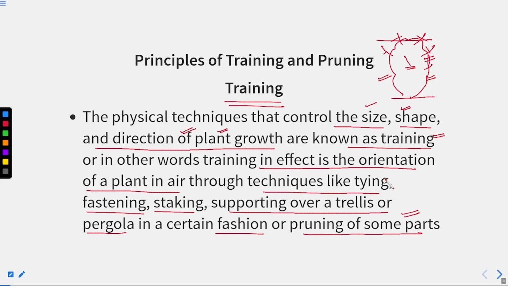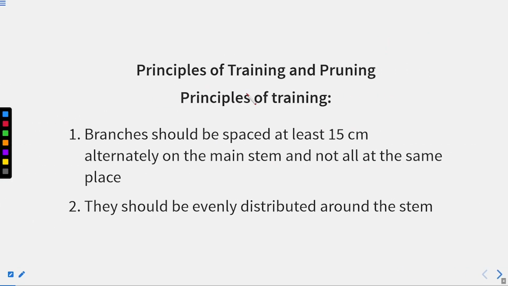So in this technique we are fastening, staking, tying the branches and giving support over the trellis or pergolas. Like this we are giving a particular shape, controlling the size of the bush or any tree, and also giving the direction of plant growth. This is all we do in the process of training.